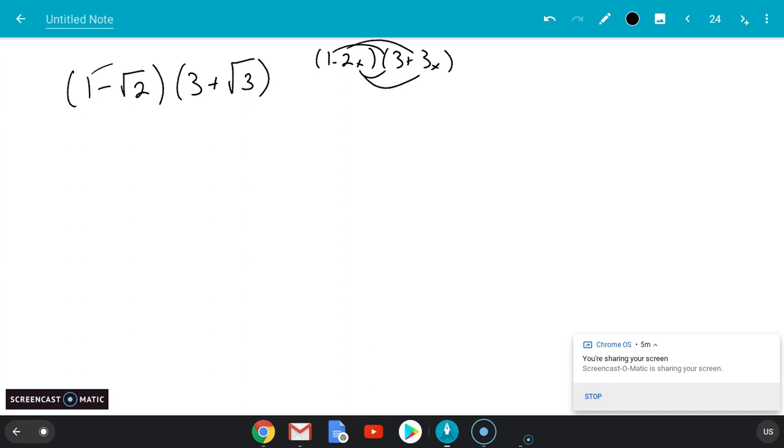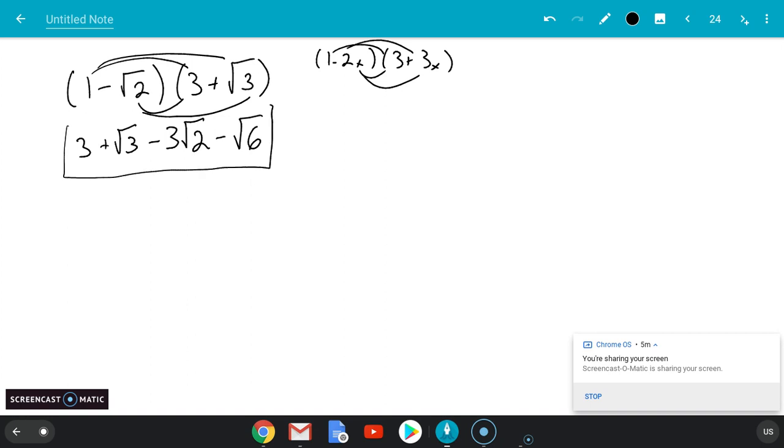So I'm going to do the same thing here. 1 times 3 is 3. 1 times square root of 3 is square root of 3. Negative square root of 2 times 3 is negative 3 square root of 2. Negative square root of 2 times positive square root of 3 is negative square root of 6. None of these can combine because they cannot be simplified, so therefore I'm done.